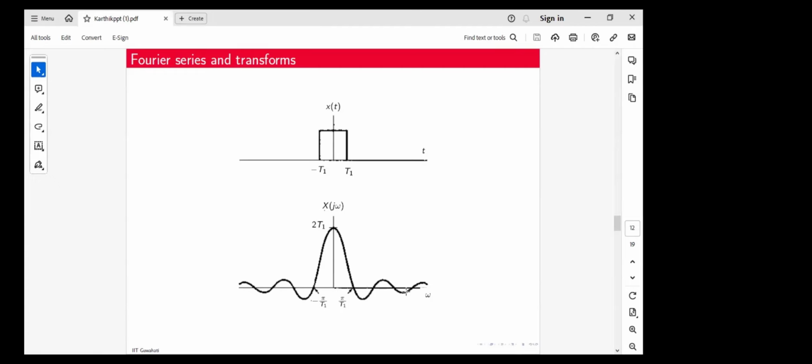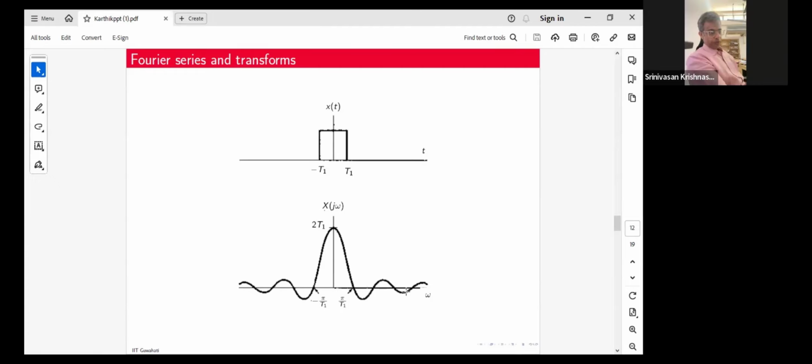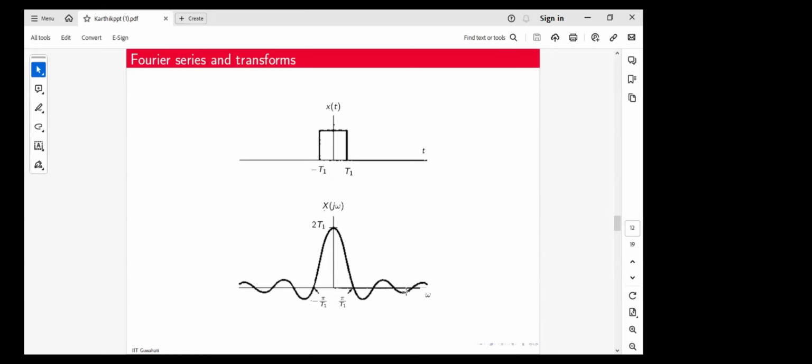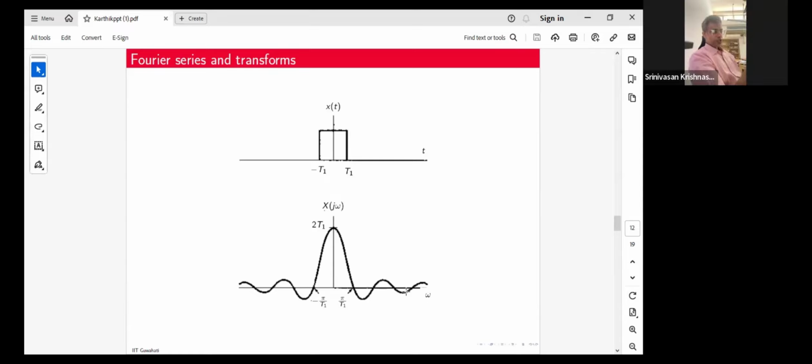The only frequency components you will get are of that particular frequency and all its harmonics, that is double the frequency and so on. So you have a discrete version of this. Okay, got it. Thank you.